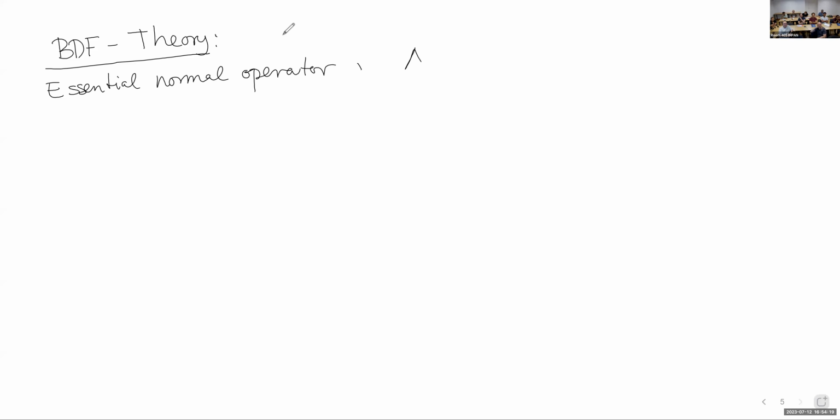So A in B(H) such that A commutes with its adjoint up to a compact operator. Normal means it commutes with its adjoint, and here it almost commutes with the adjoint. So the commutator is a compact operator.